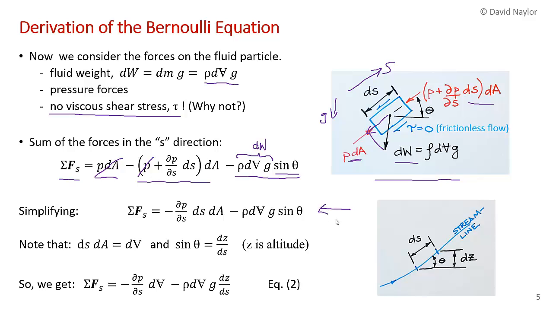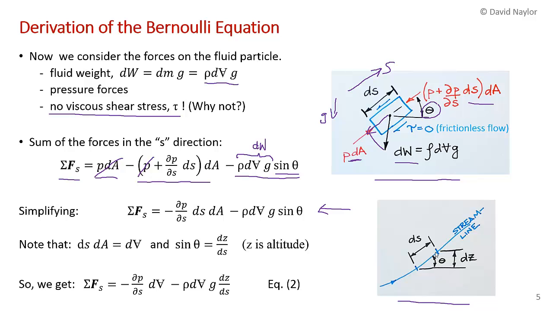Now, I've drawn the streamline over on the right-hand side at the bottom, and notice I've defined this angle, theta. As the flow travels uphill, as it travels to higher altitude, it gains potential energy. So we need to take into account this altitude z. We can do this with a little bit of standard trigonometry.